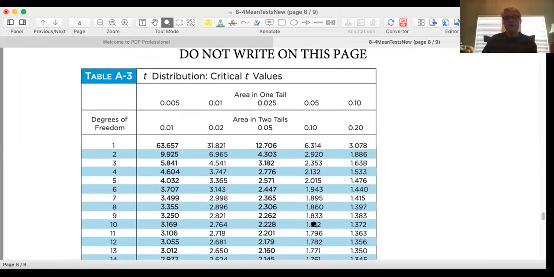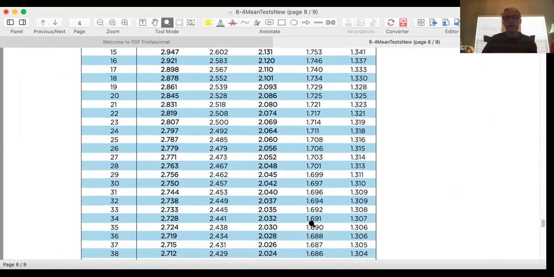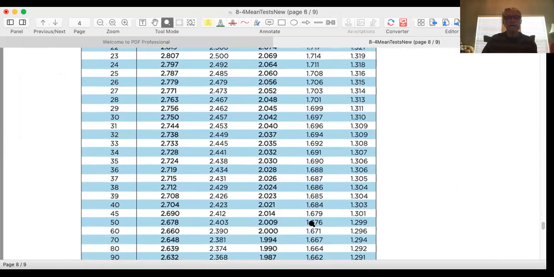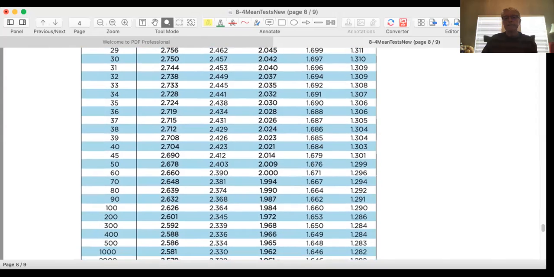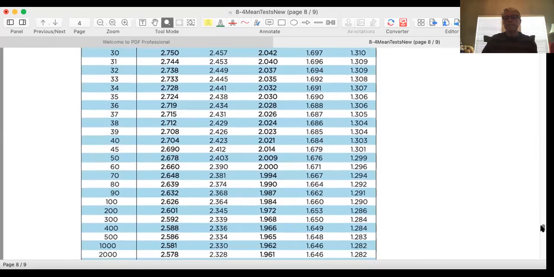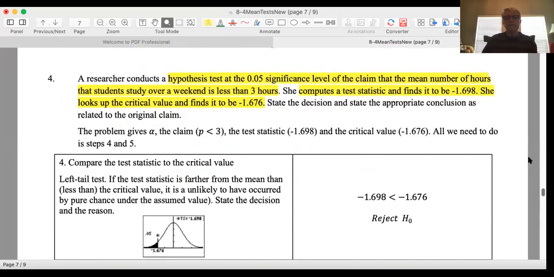We go down to the 40 degrees of freedom row, because t is identified by its degrees of freedom. And we get 1.684. That is a positive critical value. We need the negative because it's less than, so we change the sign to negative 1.684.